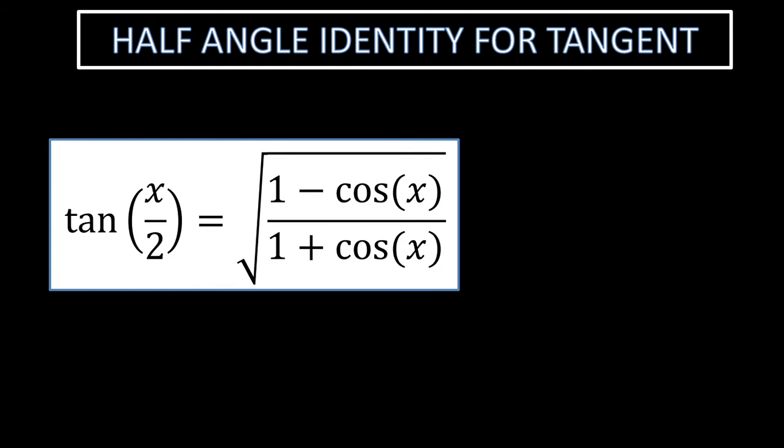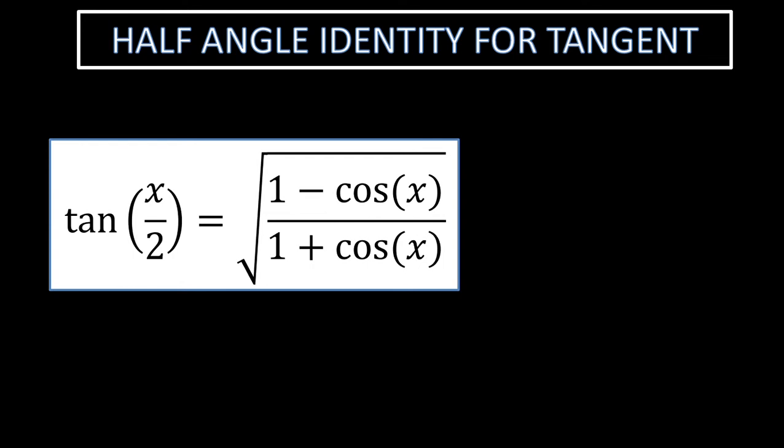So, the 2 will come from here. What we will do is multiply both the numerator and the denominator by the conjugate.